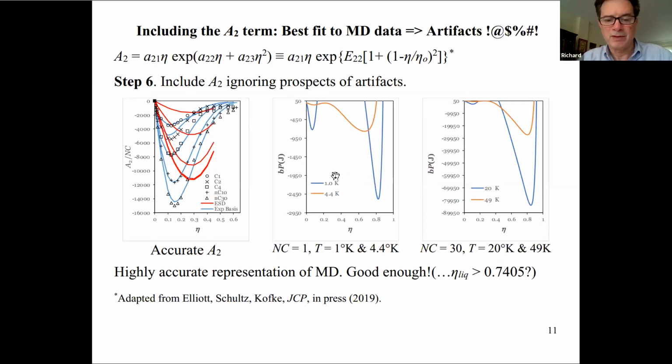But at 4.4 Kelvins, I start to see this extra bump in here, this extra van der Waals loop. And when I get to 1 Kelvin, I can't avoid it. And so why is that happening? The reason is because this contribution looks the way that it does. It comes down, has this deep well, at a packing fraction around 0.13.